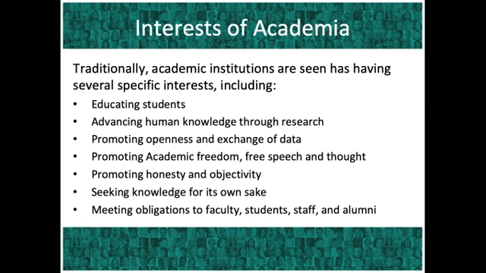We promote honesty and objectivity. And in many ways, researchers, particularly faculty members in academia, are seen as seeking knowledge for its own sake. Finally, academic institutions, the institutions themselves, have specific interests in meeting their obligations to faculty, students, staff, and alumni, a lot of those obligations obviously overlapping with the specific interests we just went through.